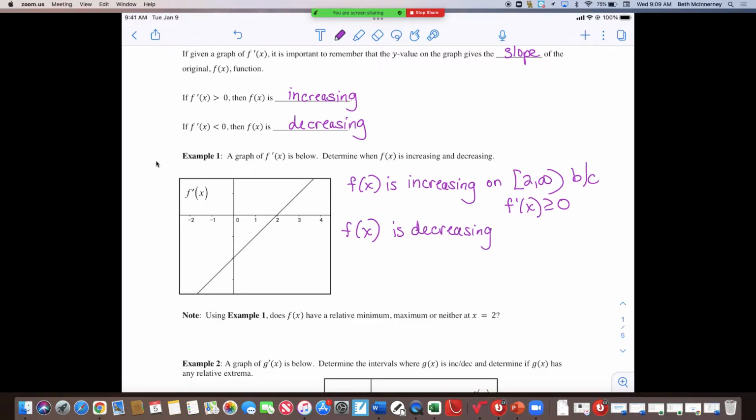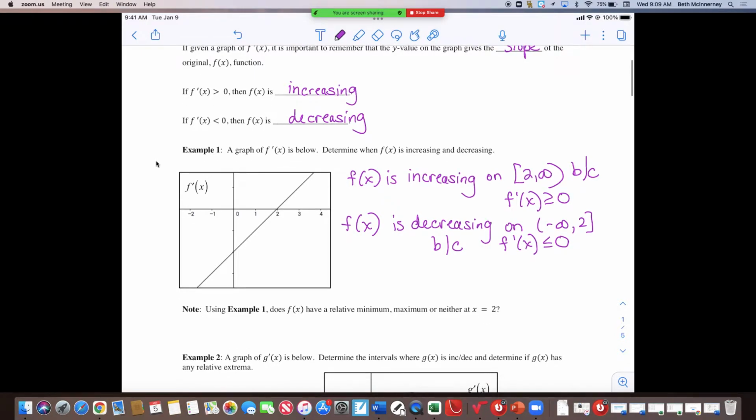Okay, Peter, where is f of x decreasing? Not -1 to 2. Julia, where do you think it's decreasing? Yeah, Kai, why is it decreasing there? Yep, f prime of x less than or equal to 0.